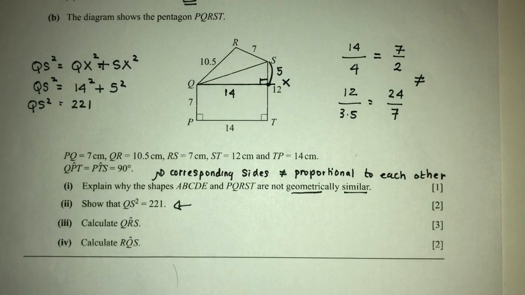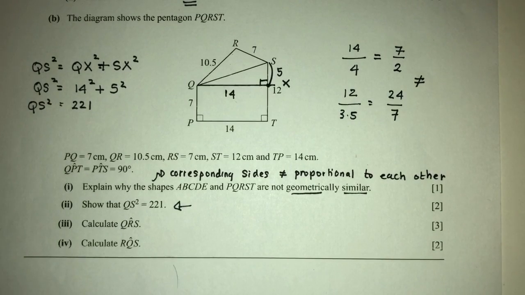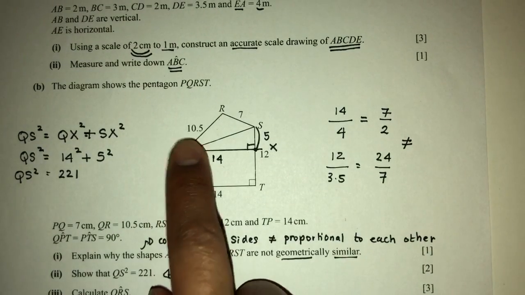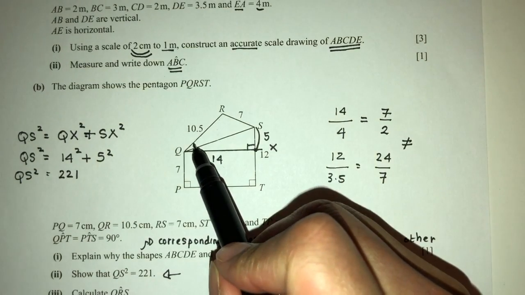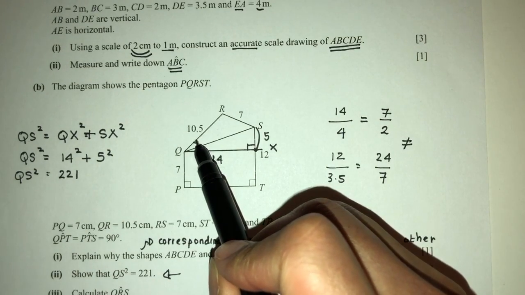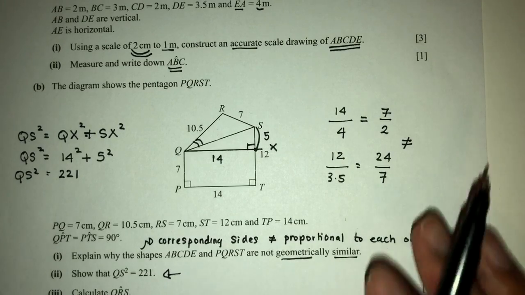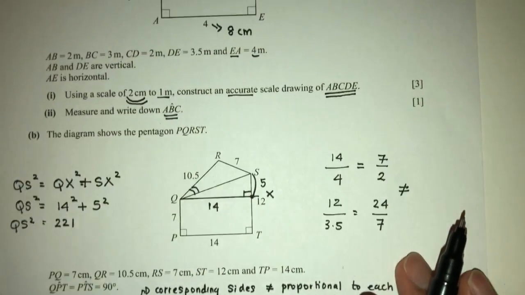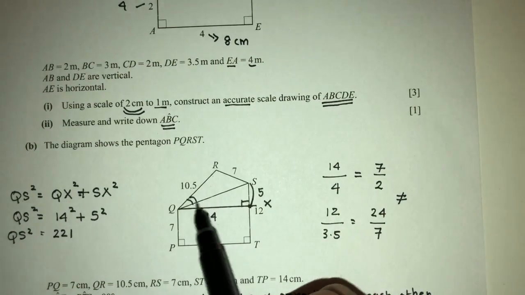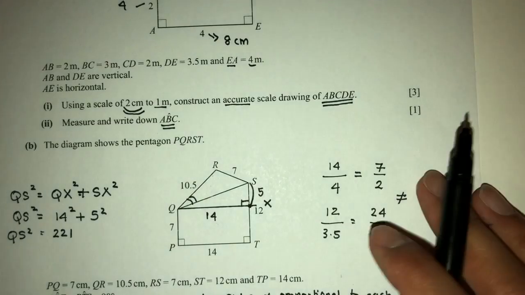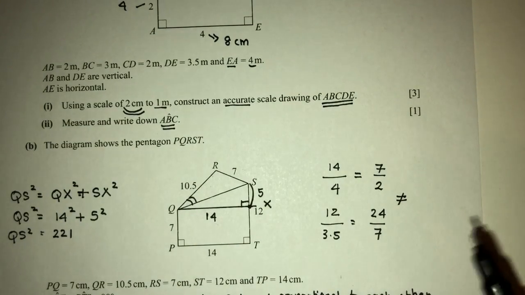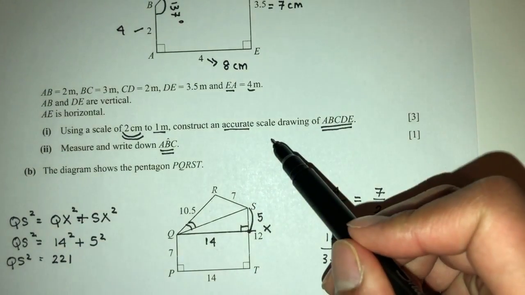Now part 3, we have to find the angle QRS. So how can you find this angle? We have to use our formulas. Let's see what values we have. Let me take this triangle out so we can understand what's happening.